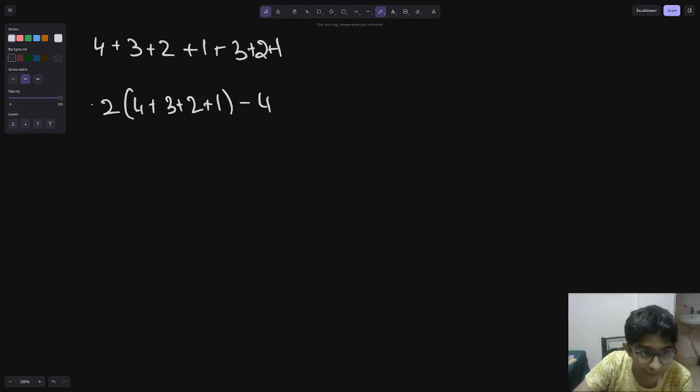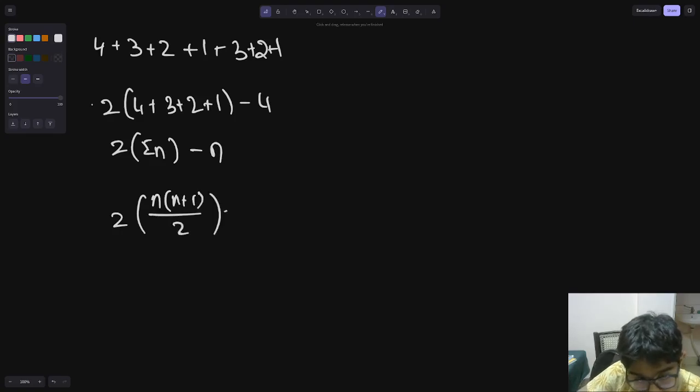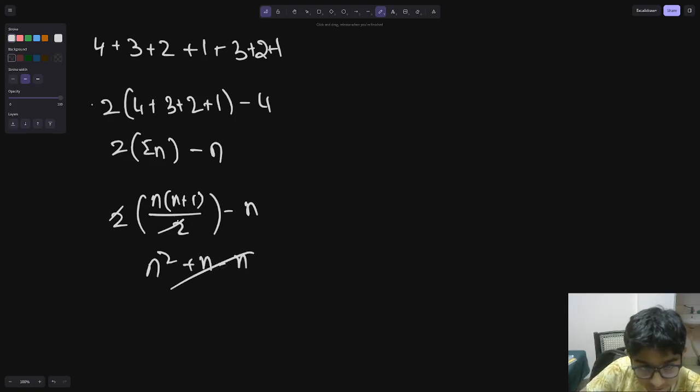So this can be expressed as 2 times the sum of the first n natural numbers minus the nth natural number. So if I speed through this again, I hope you'll understand. 2 into n into n plus 1 by 2, minus n. Now this 2 and 2 get cancelled, then you get n square plus n minus n, and this n and n cancel, you get the desired result.